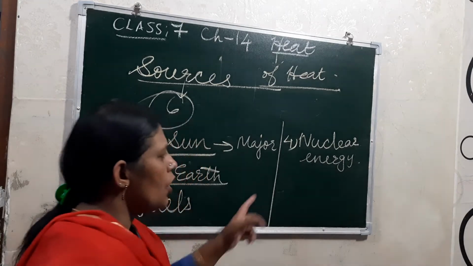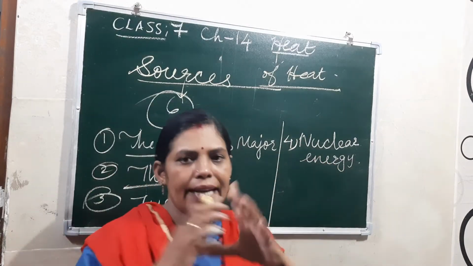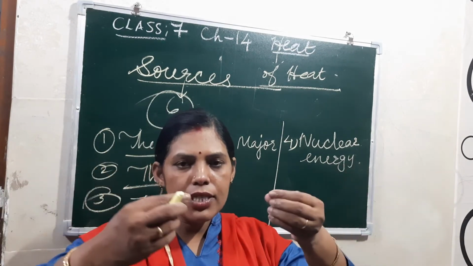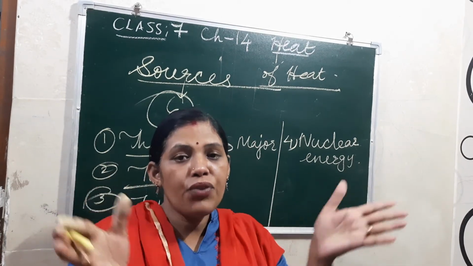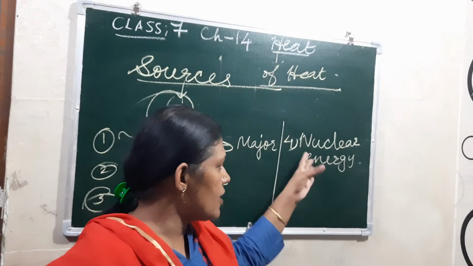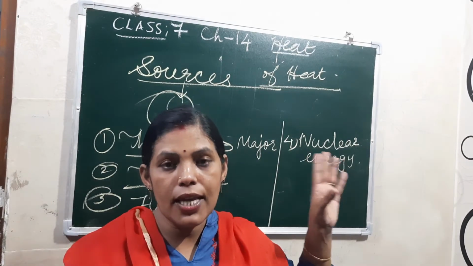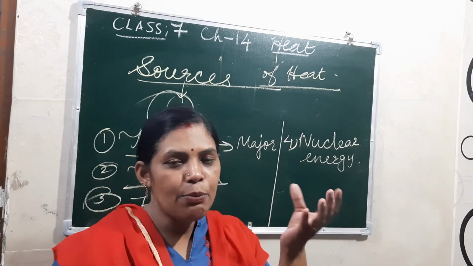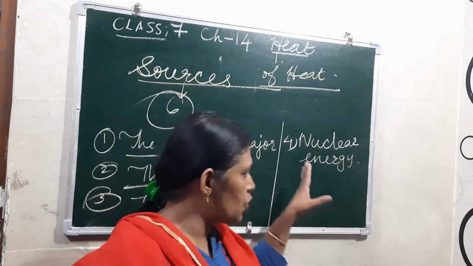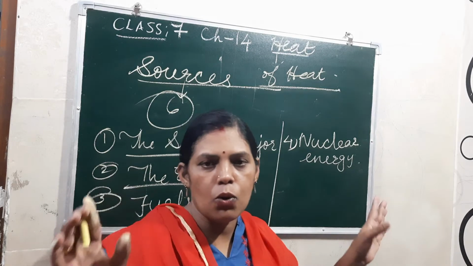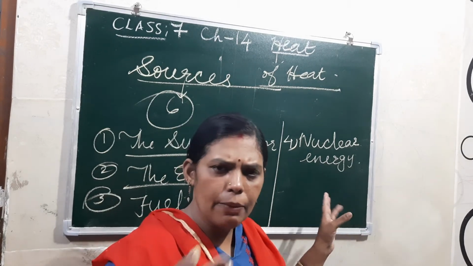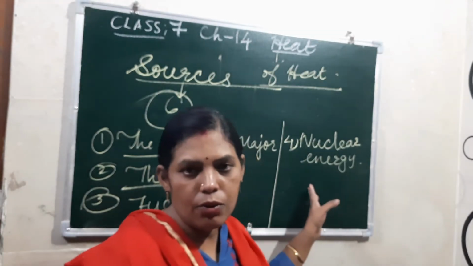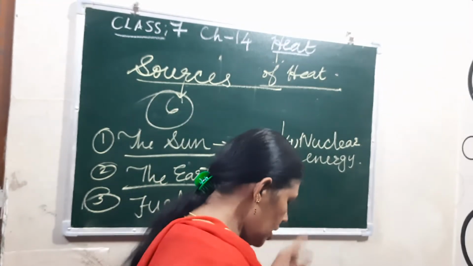Actually by the nucleus of the atoms, in atomic energy, the fusion or fission of the nucleus of the atoms produces energy. So we make the atom bomb, the hydrogen bomb; when it explodes, either by fusion or by fission, both times it produces heat. So that is by nuclear energy.